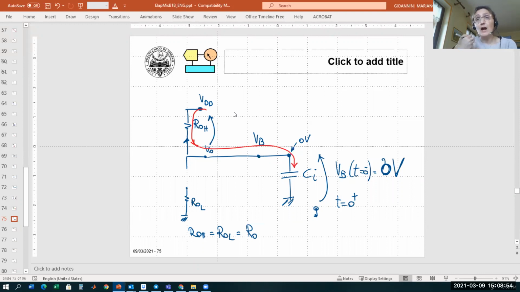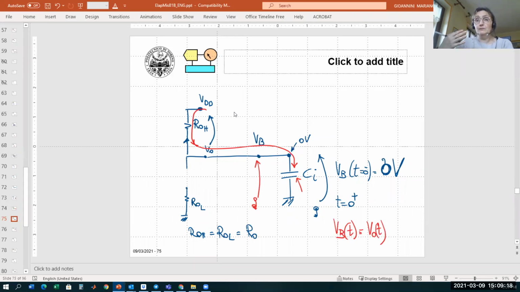So I have a current charging this input capacitance. And therefore, with time, I will have a transient. So this voltage, the output voltage VB, which corresponds to the output voltage of A, will change with time.